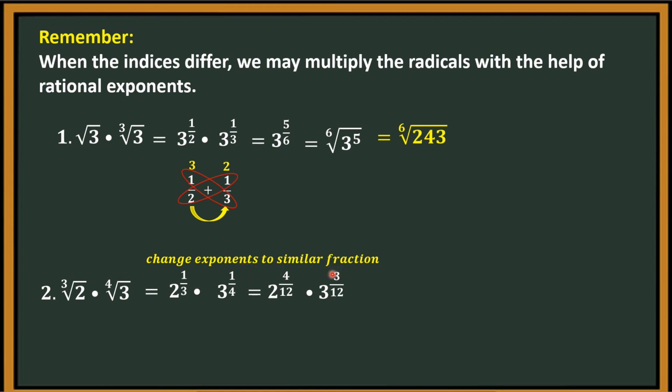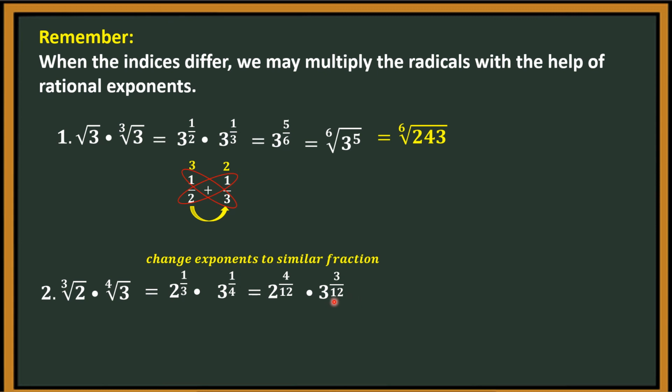That is 3. So, kanina, gamit natin ang butterfly method. So, dito, pwede din natin siyang gamitin. Yung butterfly method. So, that is why we have here 2 raised to the 4th power over 12 times 3 raised to the 3rd power over 12.